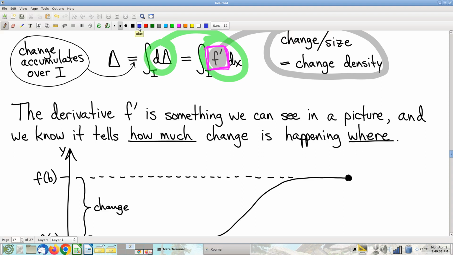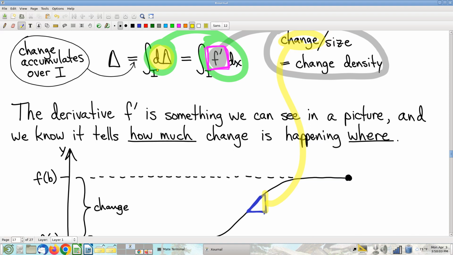And if you look at this little part of a graph here, for example, one point of view you can take on the derivative is rise over run. And if you think about it, the rise represents change. How much does the function change between the left side versus the right side of that little run there?